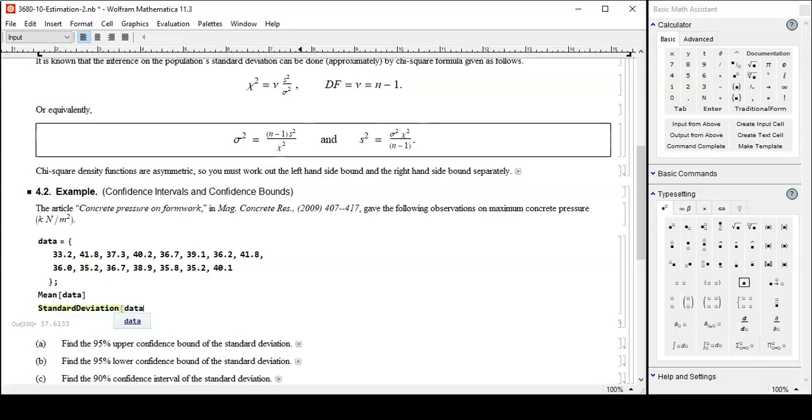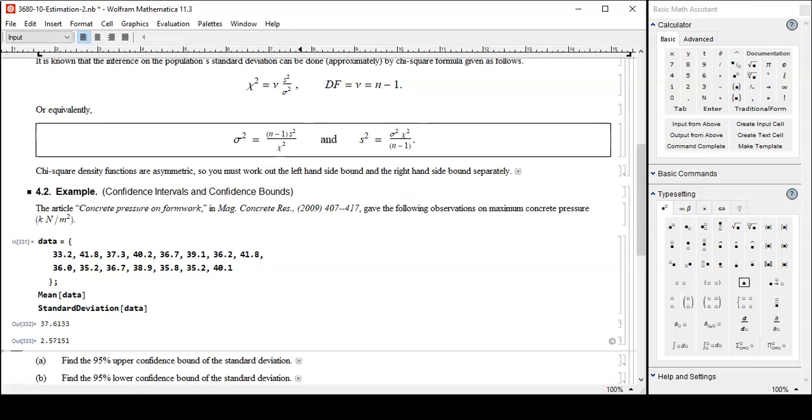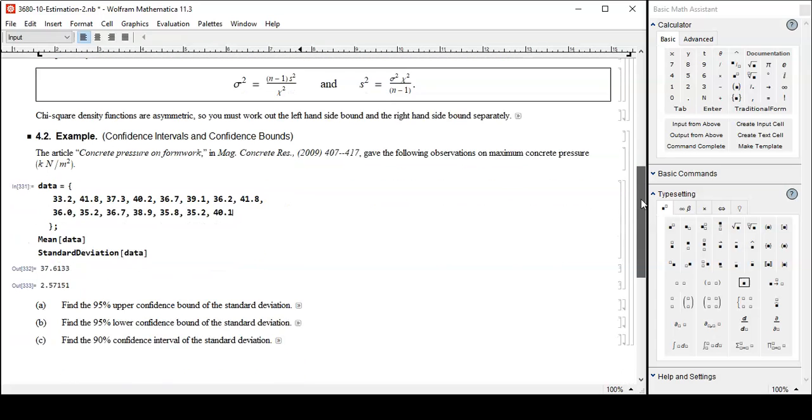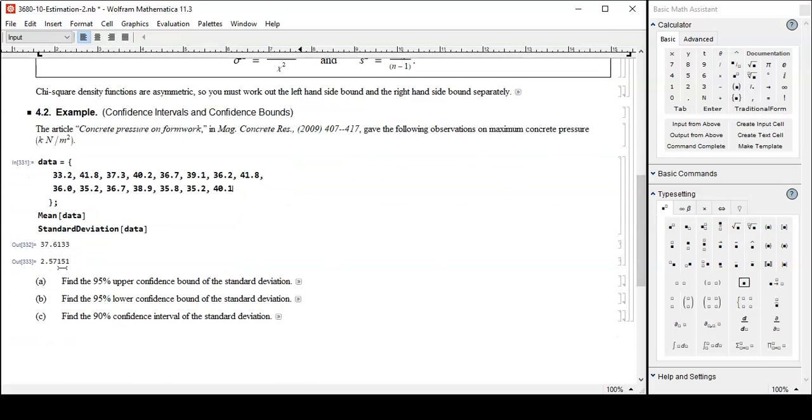What is the sample standard deviation of this? 2.571 something. So this quantity is the best point estimate. And then around that, you're going to have that asymmetric curve.